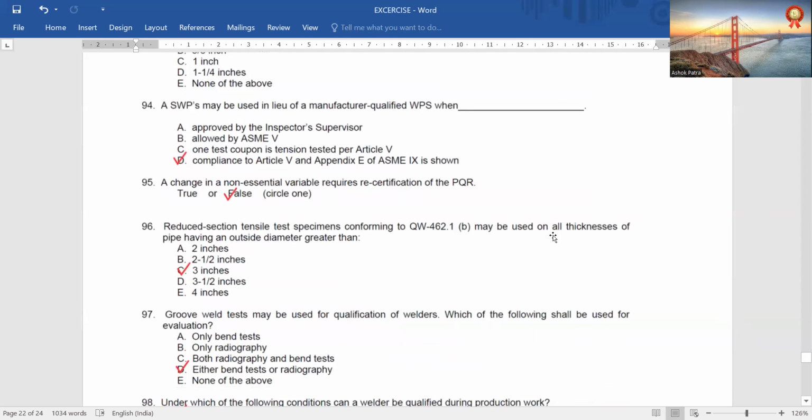A change in a non-essential variable requires recertification of the PQR. False.